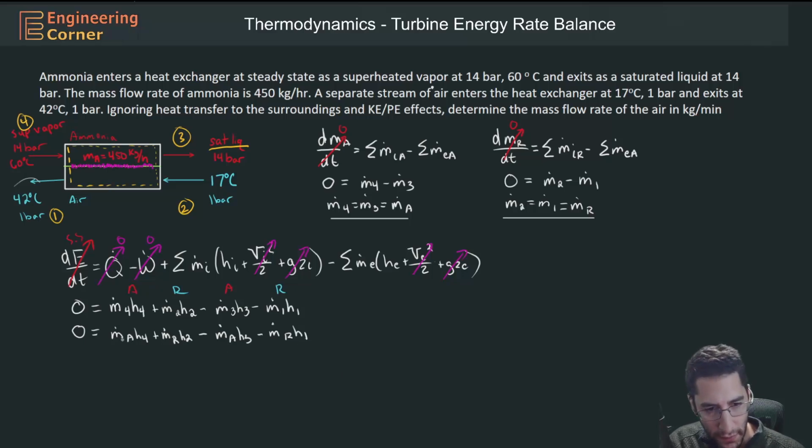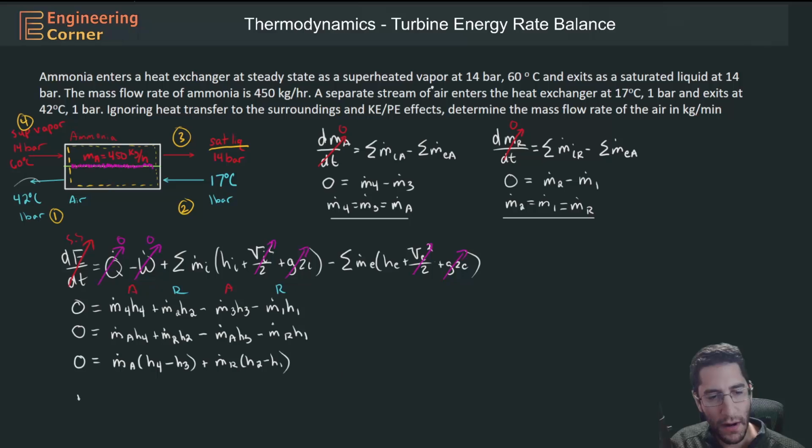Now we can collect our mass flow rates. So 0 is equal to m dot A (H4 minus H3) plus m dot R (H2 minus H1).